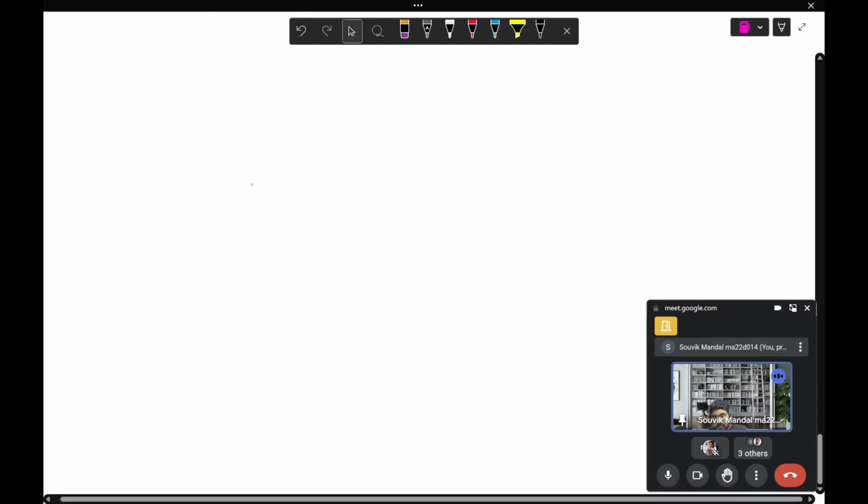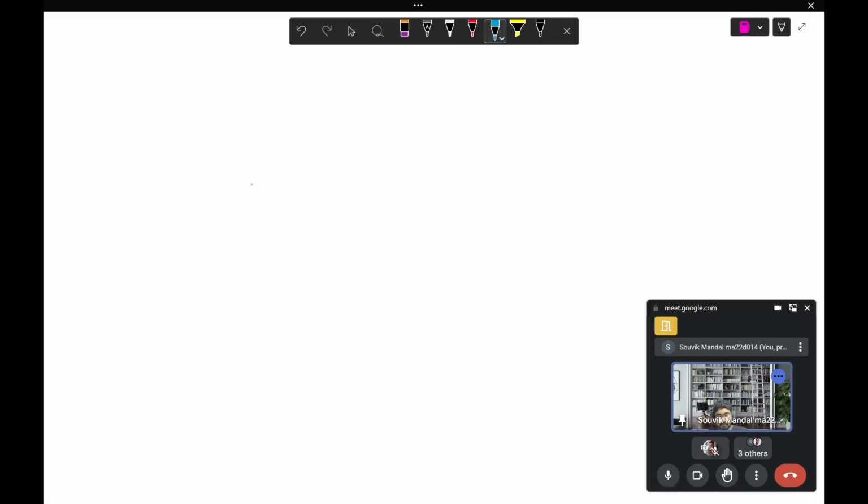So now, suppose n is greater than or equal to 4.